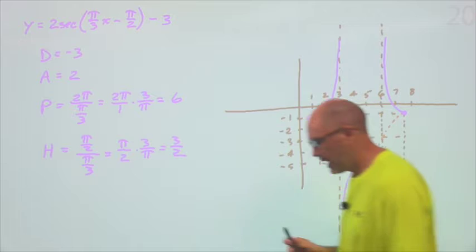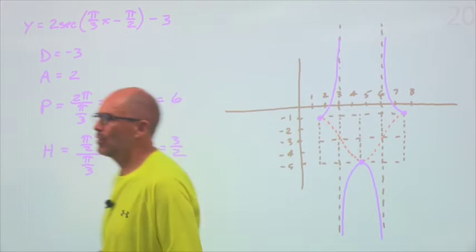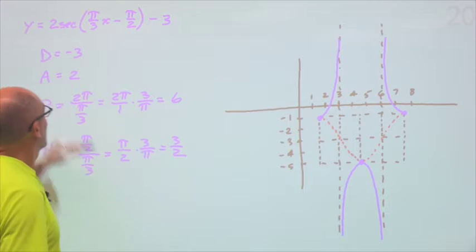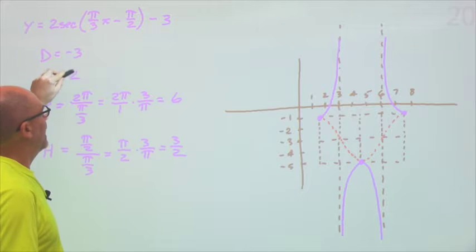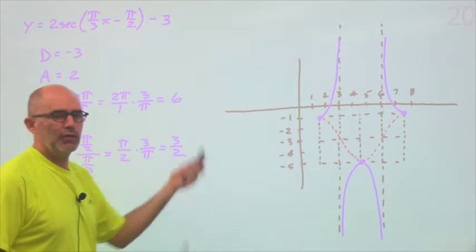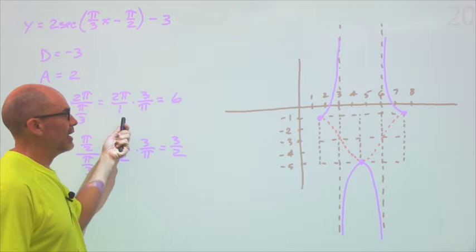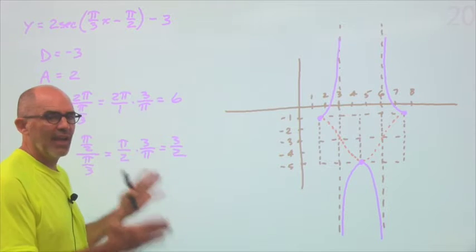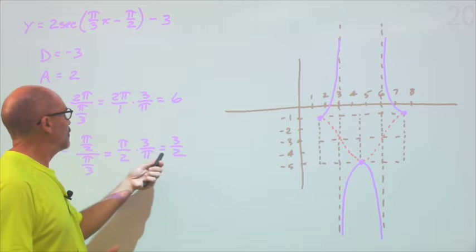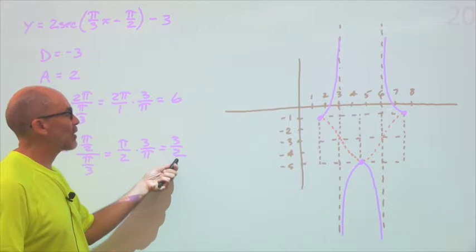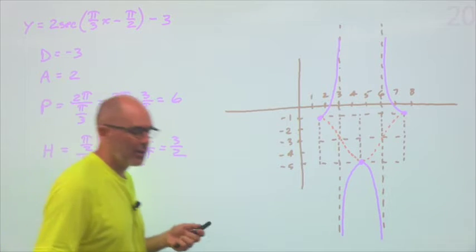So once you get used to finding your midline and your amplitude from that, you have the top and the bottom of the box, then you find your period, which tells you the whole length of the box. Then you find where you start your box, and that's the horizontal shift.